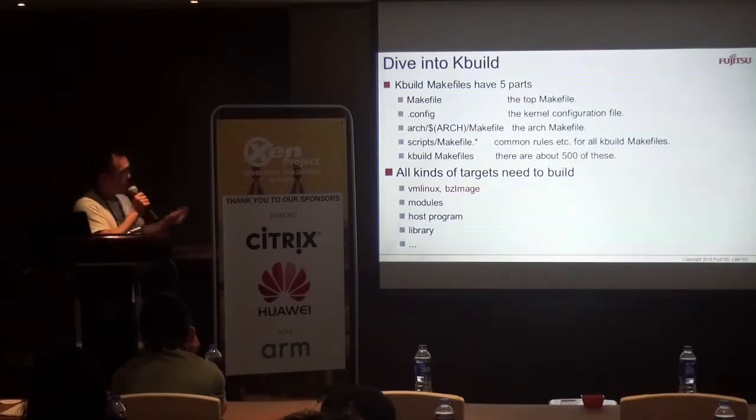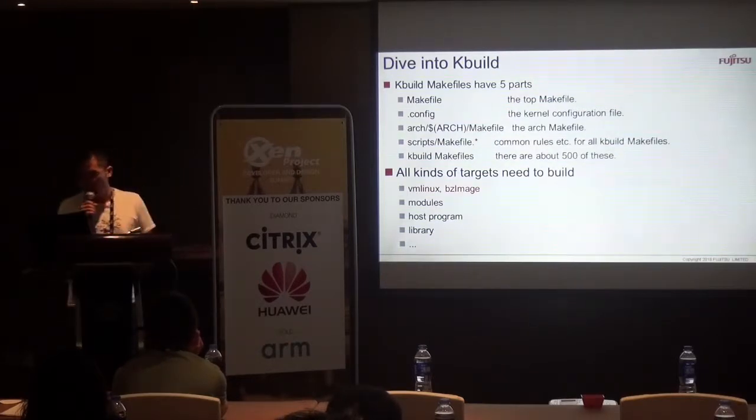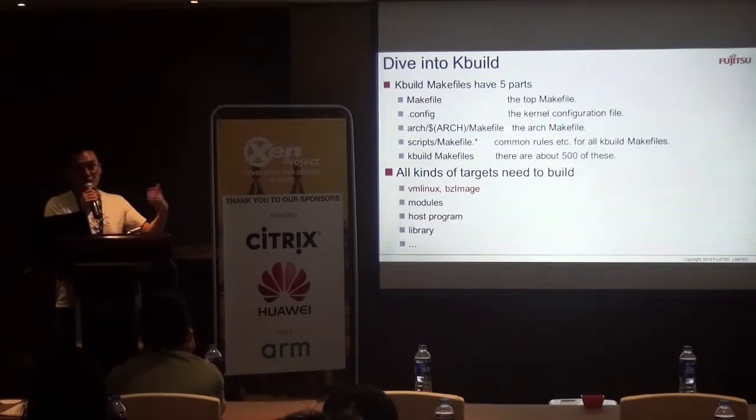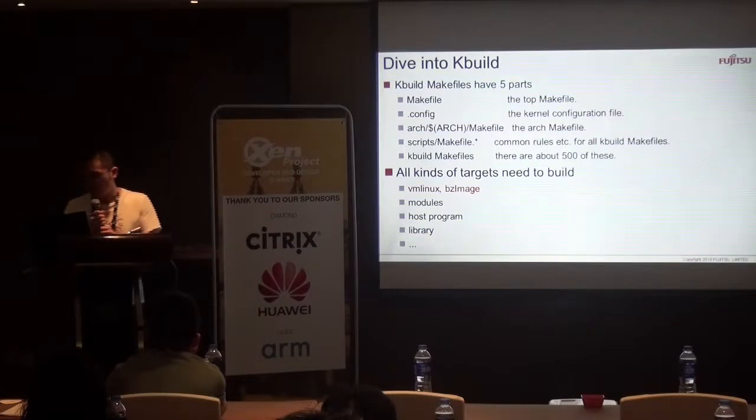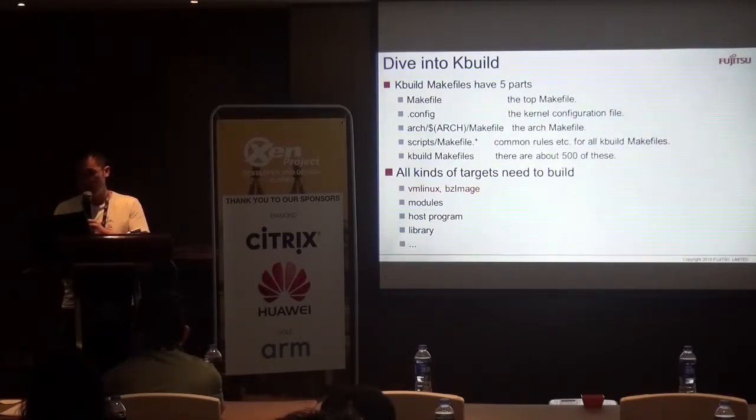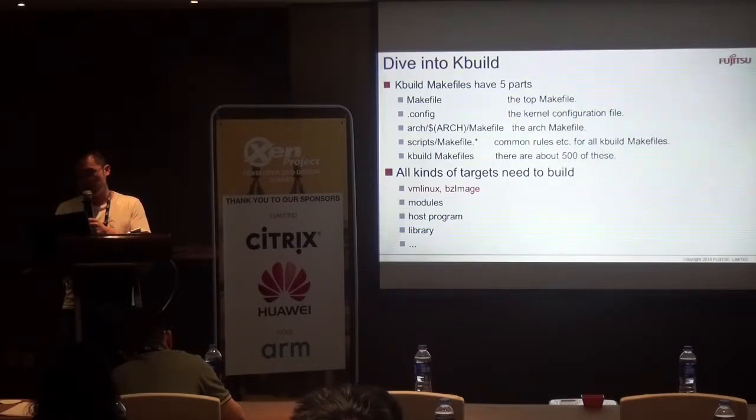And the last one, Kbuild makefiles, are the ones under each component, in charge of building the corresponding component. There are many targets that need to be built during kernel building. We will just focus on the vmlinux file and the bzImage file, which is just the kernel itself.